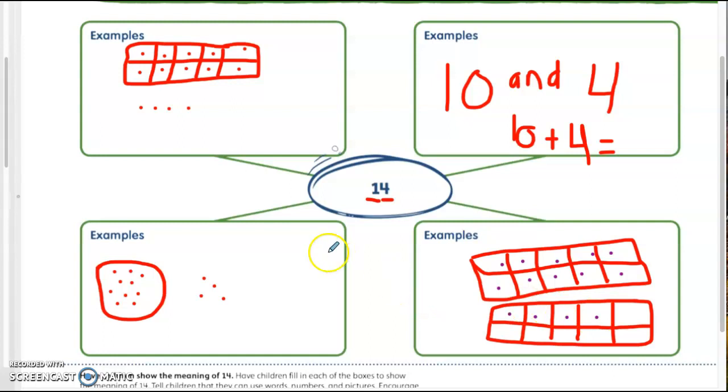And you can also be writing your addition problems for teen numbers. 10 plus 1 equals 11, right? 10 plus 2 equals 12. You can do that all the way down to 10 plus 9, okay?